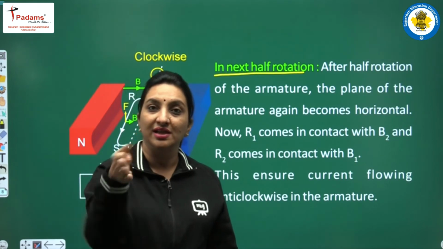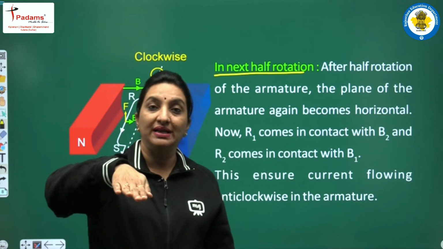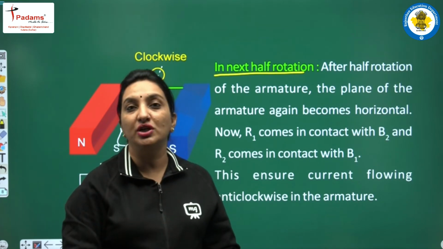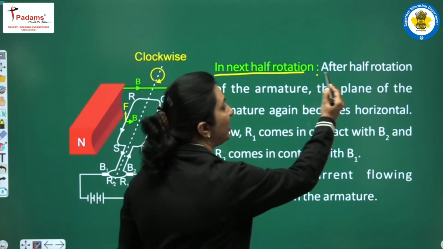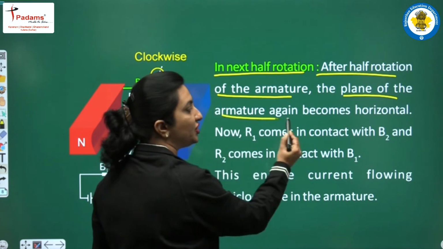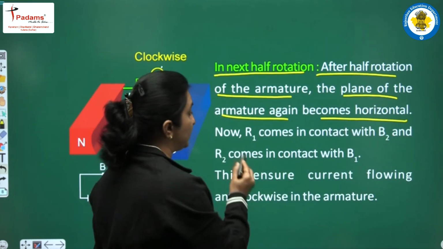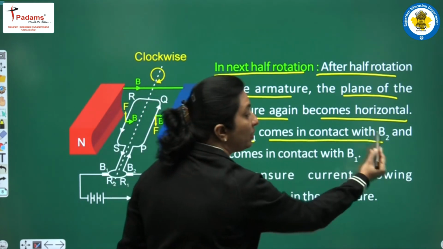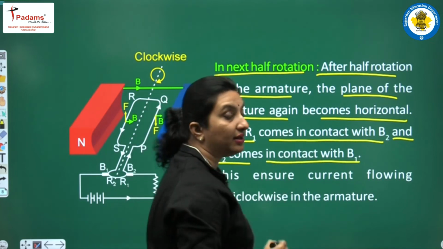Initially it was like this, now it is like this. So here the half turn has been completed, but again the armature coil is in the horizontal position. So after half rotation of the armature, the plane of the armature again becomes horizontal. Now students, R1 comes in contact with B2 and R2 comes in contact with B1.